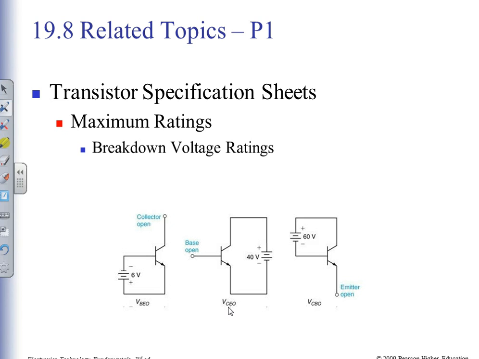There's a voltage collector to emitter, open base, that I can't exceed, and some voltage collector to base, open emitter, that I can't exceed. Those are all ratings that are in my book. Now, if I'm using plus or minus 12 volts, am I going to exceed 60 or 40? I might exceed 6, though, right? Yeah, I could.